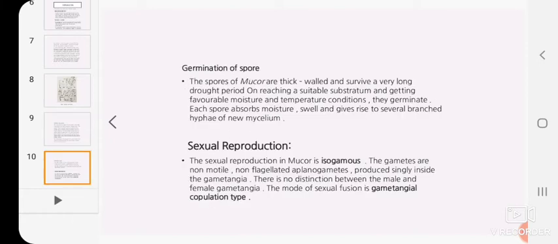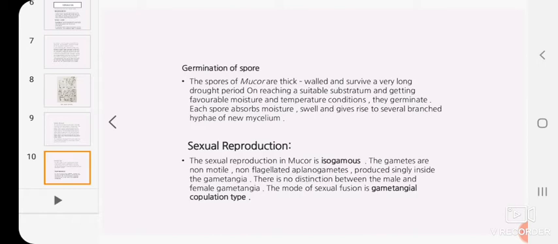Now next I'm going to explain to you regarding the sexual reproduction. So sexual reproduction is isogamous type. Isogamous type of sexual reproduction means the two fusing gametes are morphologically identical. So we cannot judge morphologically whether they belong to different strains.